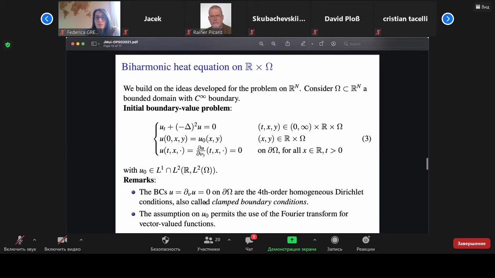They're also called clamped boundary conditions because in physical models, it's supposed to represent a plate that's being clamped around the boundary. We also have this condition on our initial datum so that we may use the Fourier transform for vector valued functions. I am not entirely sure if this can be further generalized to a product space.